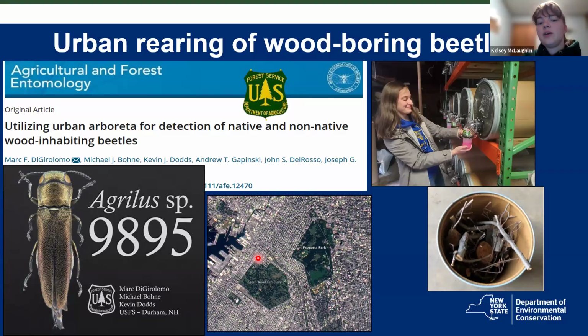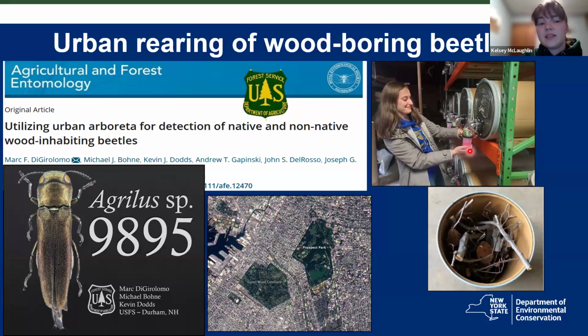And it's also at this big port of entry, right, where all these potential invasive species are coming in. And so what they did was whenever they pruned those non-native tree species, they took all the branches and put them in one of these barrels. And then the wood-boring beetles that live in those branches would kind of complete their life cycle and come out into these little cups that Erica's holding up here.